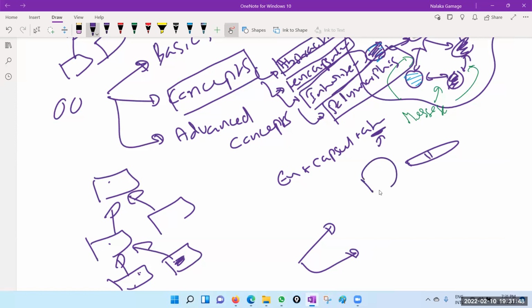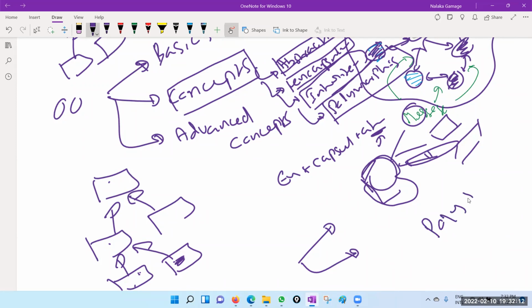So if you take an object, it can take many forms. Say this is a shape, maybe it can take the circular form, maybe rectangular form, maybe parallelogram form. So if an object can take many forms, we say that is polymorphism. Polymorphism means many forms. I think this word is from the Greek word for many forms.